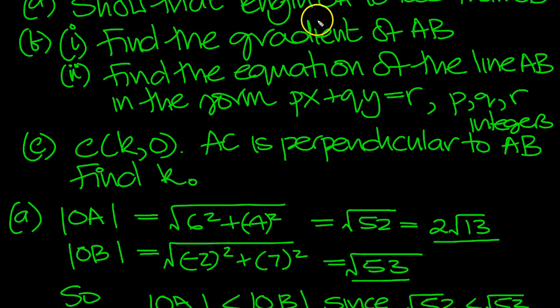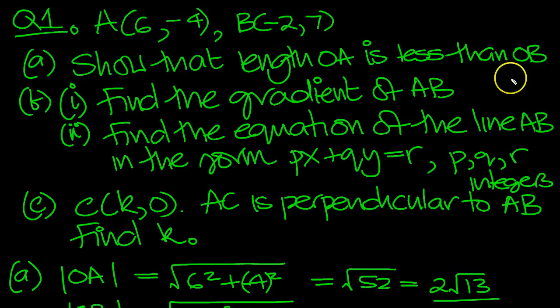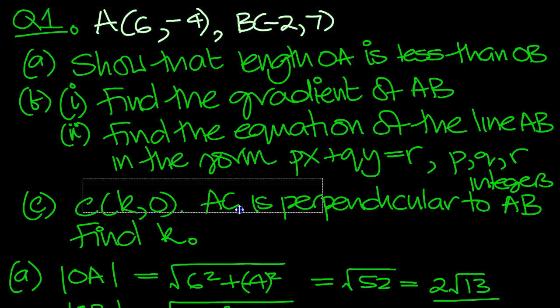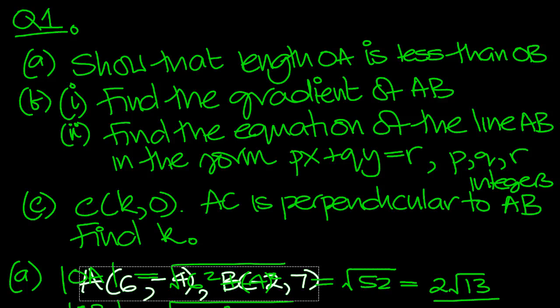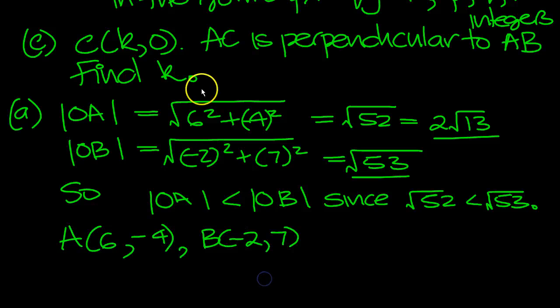Find the gradient of AB. So here's our points then, A to B. So I'm going to drag them down now, because we're working with those. Let's just move them down. We want the gradient of AB. So this is B part 1 then.